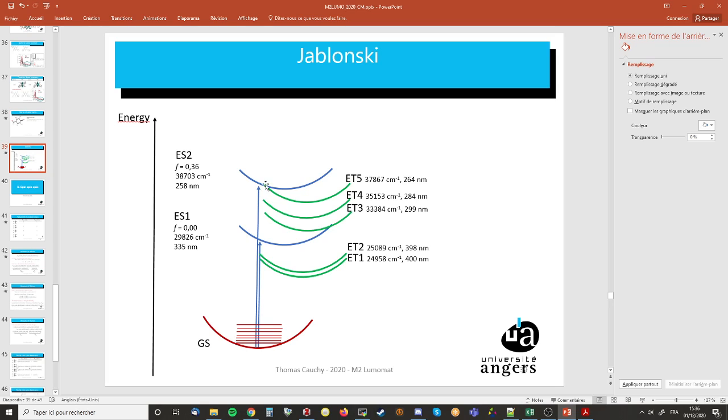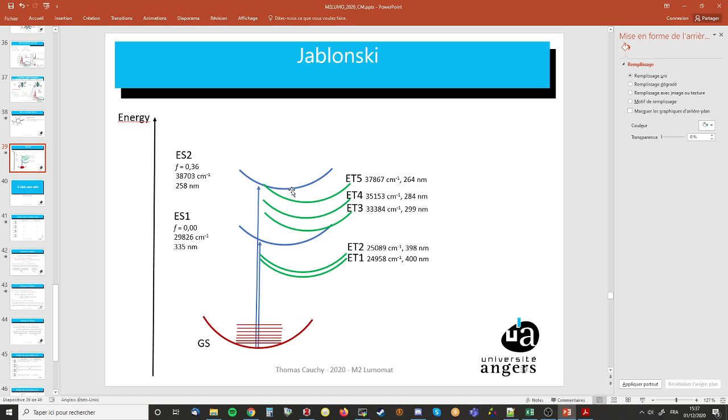But you can see in this diagram that between ES2 and ES1 there are ET5, ET4, ET3. And you've been told that you can have intersystem crossing between singlet and triplet states if the vibrational levels correspond. And it's not totally correct.